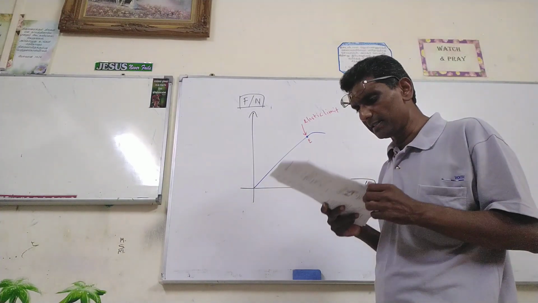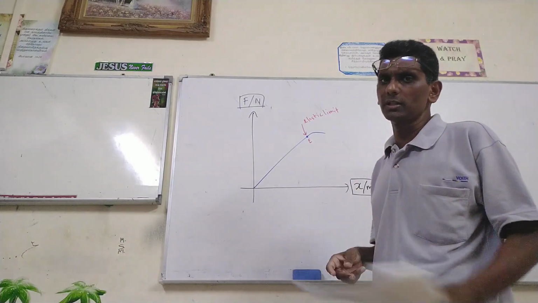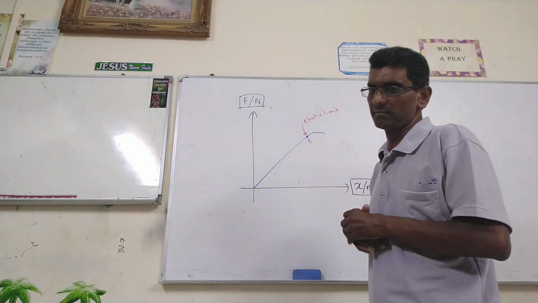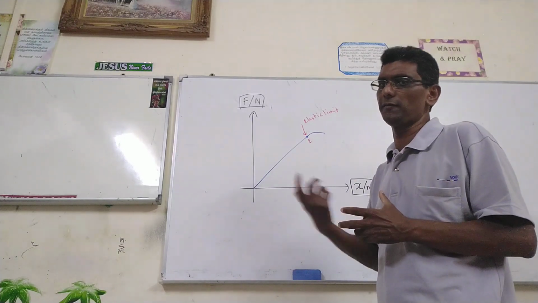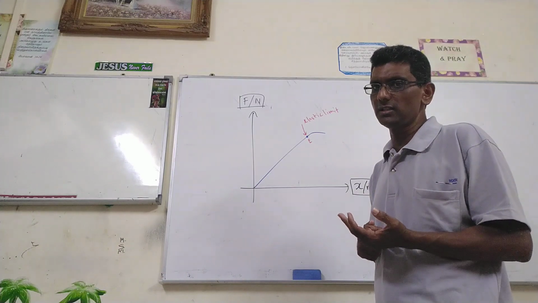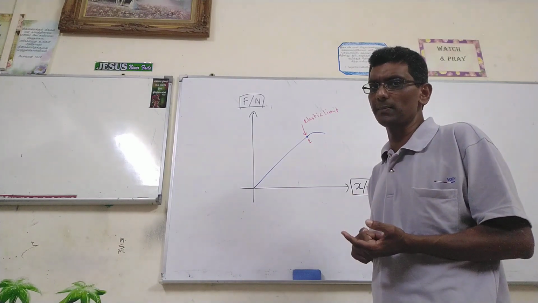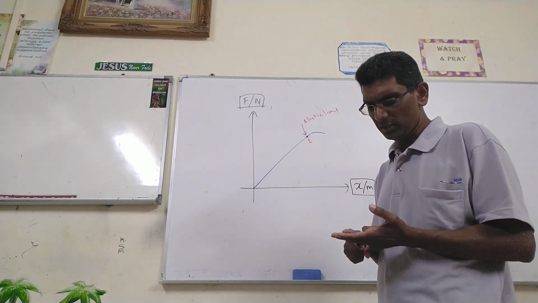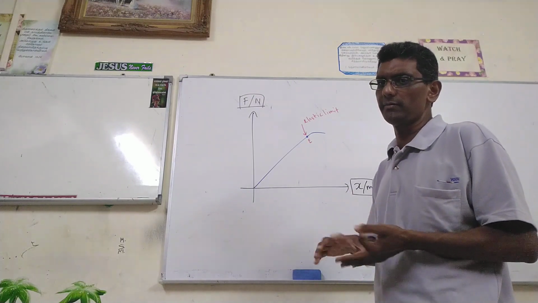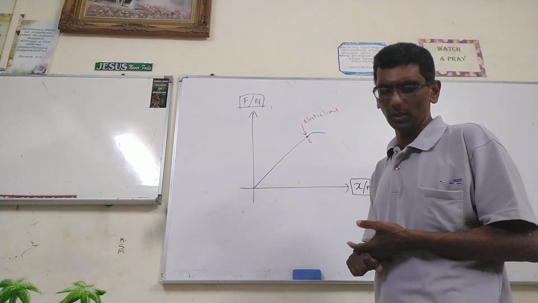Okay, what is the reason? Because stiffness increases. When stiffness increases, the spring is very stiff. Stiffness is also called force constant or spring constant. Three names are given: force constant, spring constant, stiffness of spring.